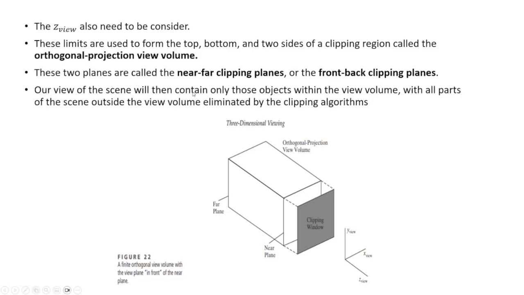These two planes are called the near-far clipping planes, or the front-back clipping planes. With these two planes we get a rectangular view volume, like Figure 22. Our view of the scene will then contain only those objects within the view volume, with all parts of things outside the view volume eliminated by the clipping algorithms.